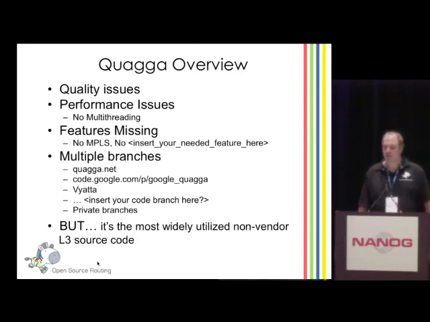You may even have your own branch, and there are tons of other private branches. Chris Hall is doing one with some exchange points too, with a lot of BGP enhancements. But despite all these issues, it's still very widely used, and a lot of vendors are looking at using Quagga as a reference platform, and they would love to have it in a more stable form.